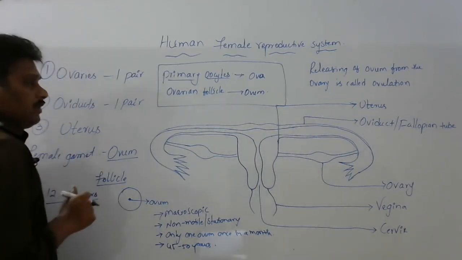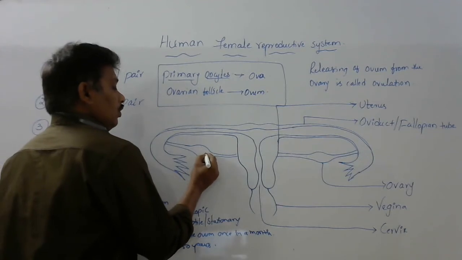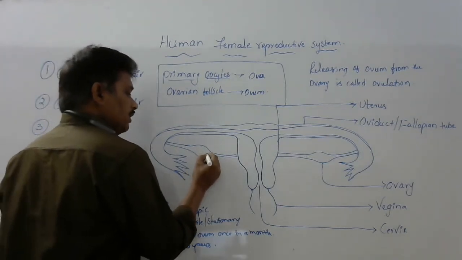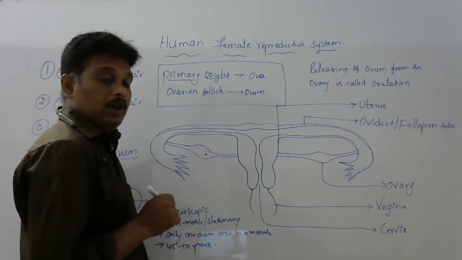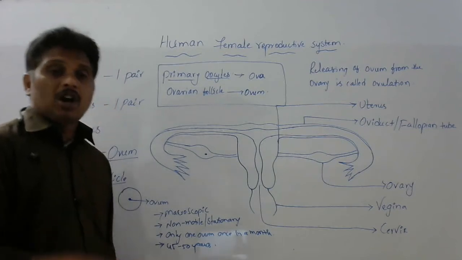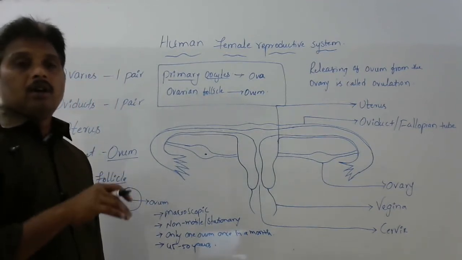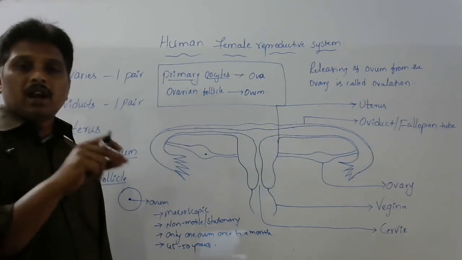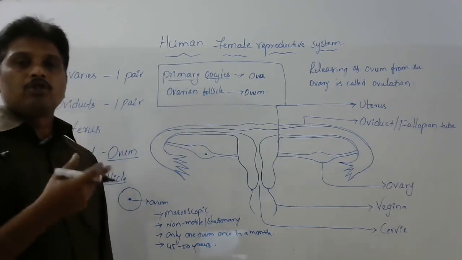Now we will see here. I told you only one ovum is released, and that too once in a month. What is the main intention of releasing a gamete? It is for reproduction, to produce a new individual.